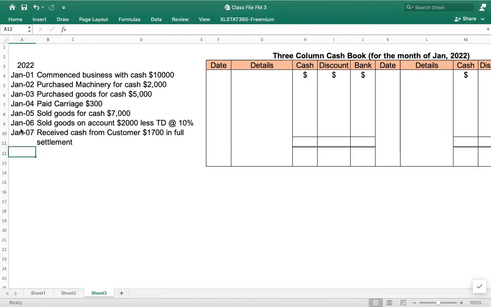Then Jan 8, paid cash into the bank, let's say 1,500. Then Jan 9, issued check to pay salary $300. And the next is Jan 10, the last transaction.